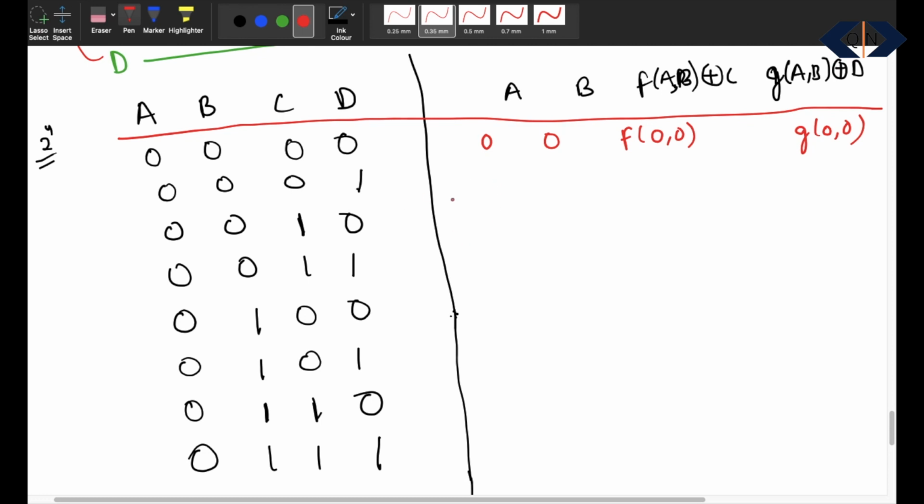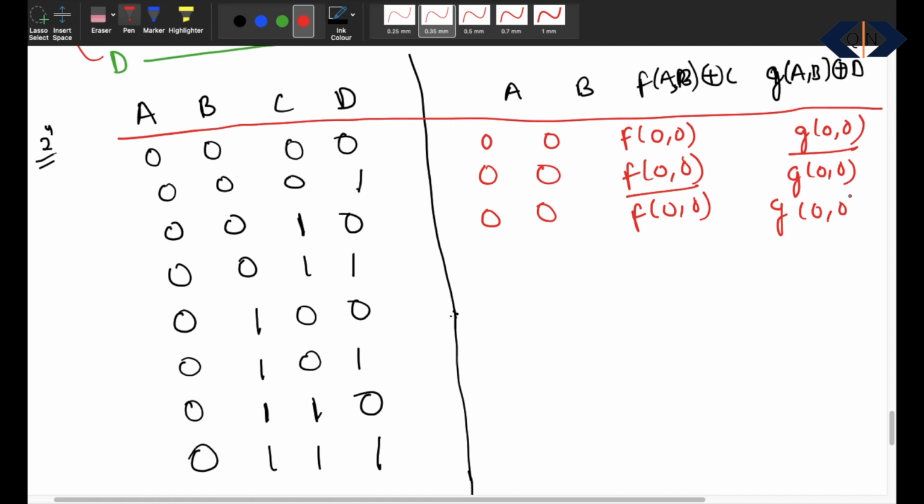And I hope you can easily fill all the others, because here it is 1, so it will be again like flipping. So you can feel it quickly, and this will work like this.